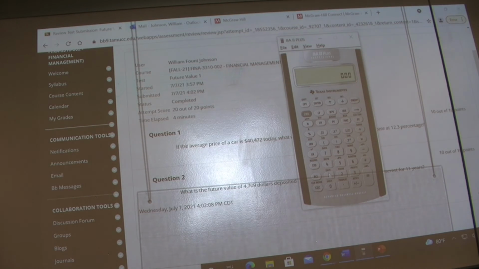We have 1.0325, y to the x, 11, and we multiply that times our present value, 4709, equals.